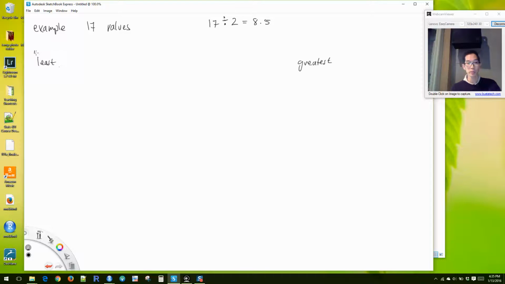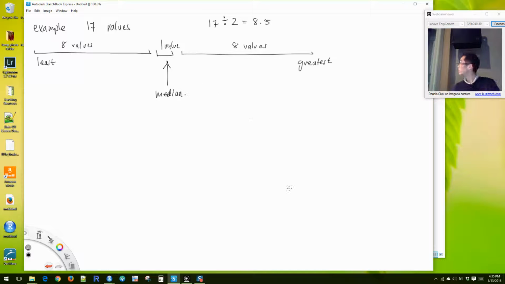So we would find 8 values over here, then 1 value, and then 8 values. This 1 value in the middle is your median.